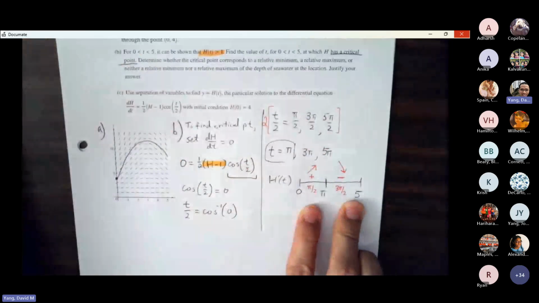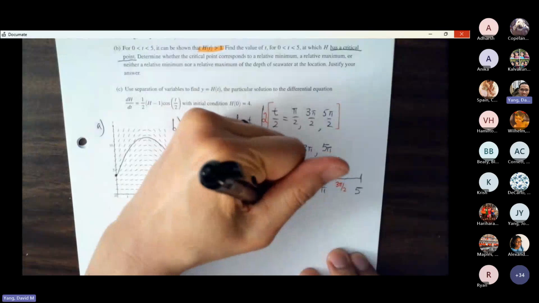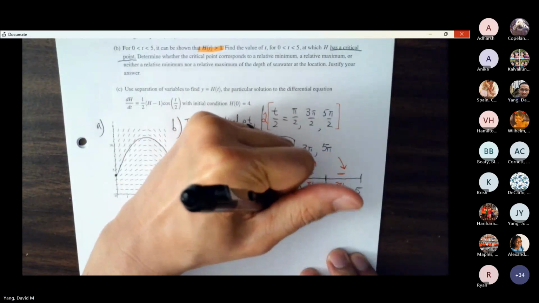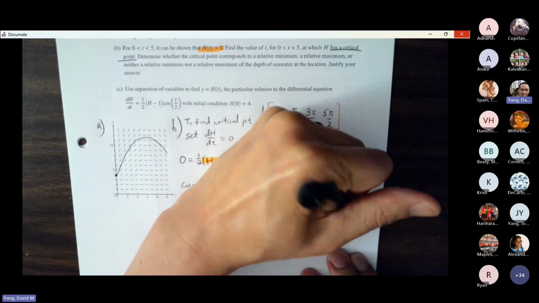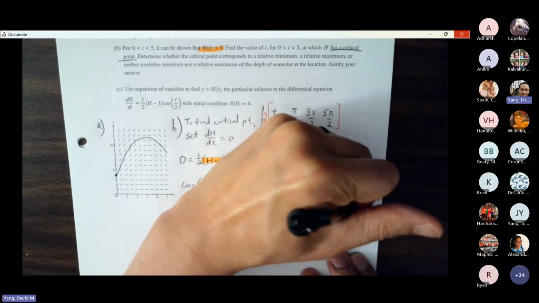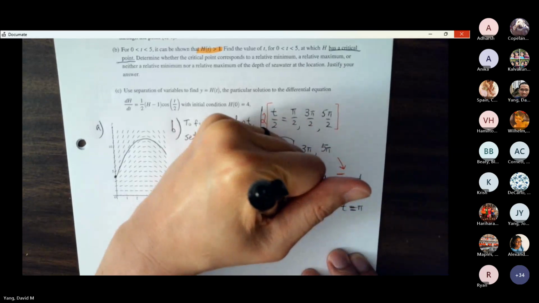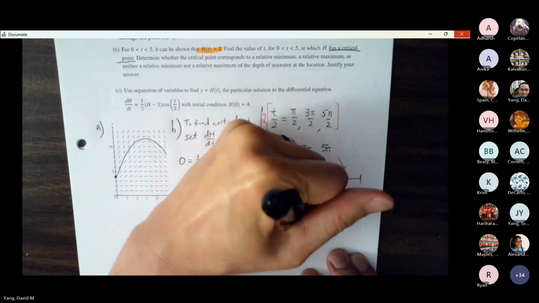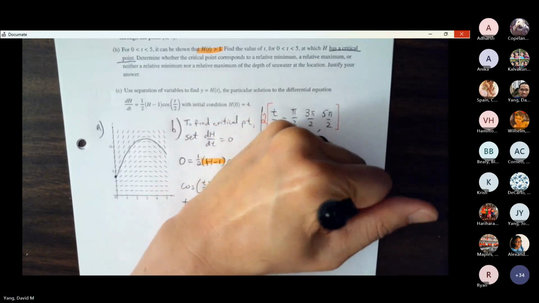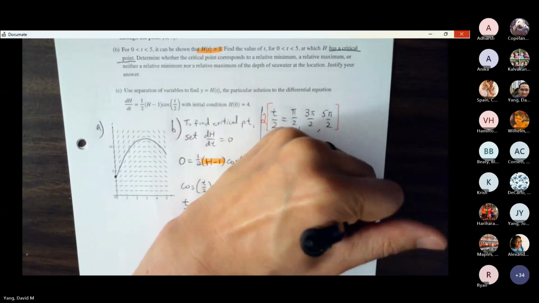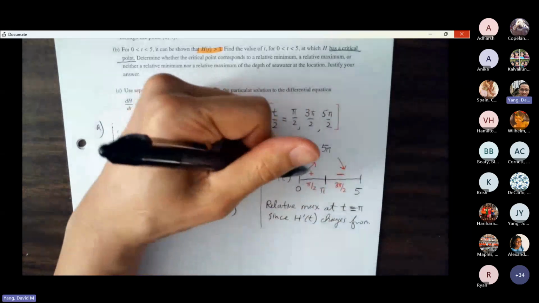Based off of our slope sign line, there's a relative max at t equals pi, since h prime changes from positive to negative.